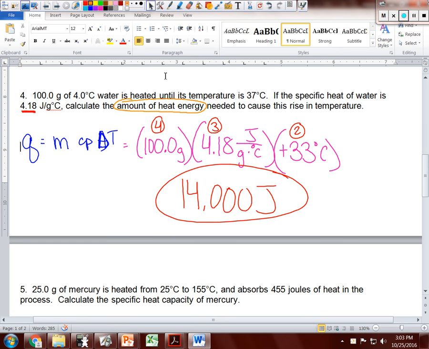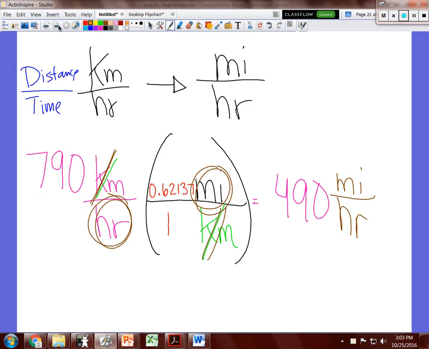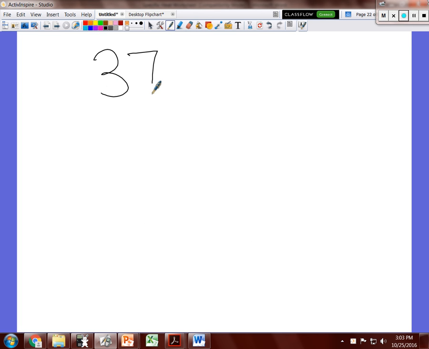when it comes to addition and subtraction. Because did you subtract in this problem? Okay. You should have done 37 minus, actually let me come over here so you can see a little better. You should have done 37 minus 4.0.